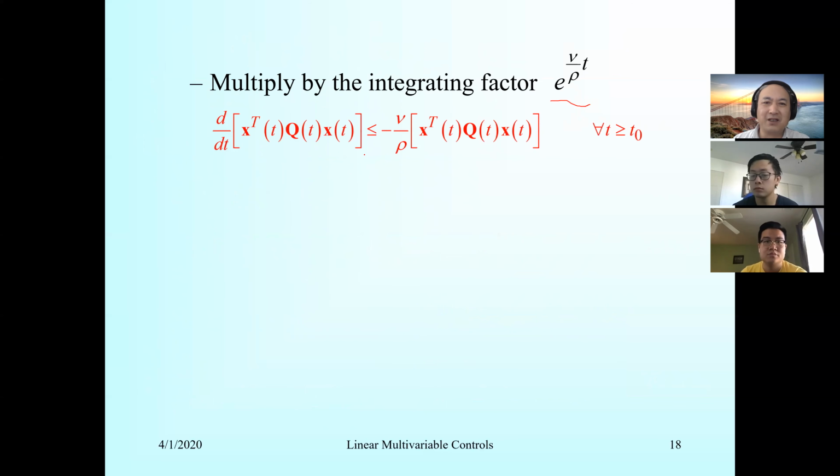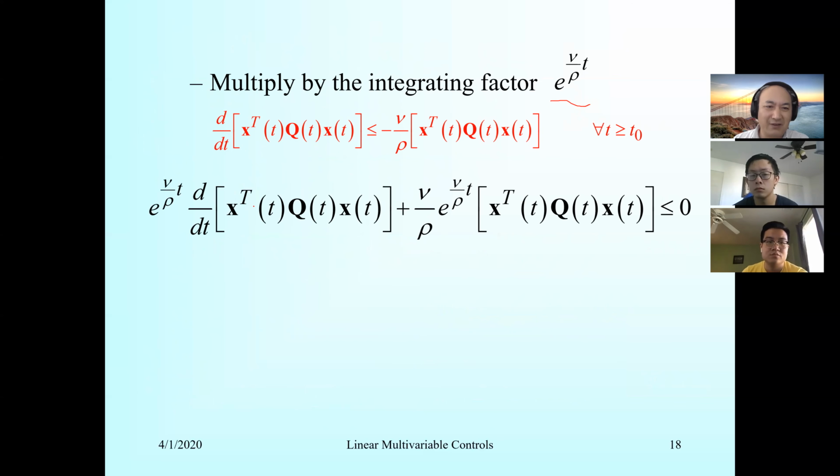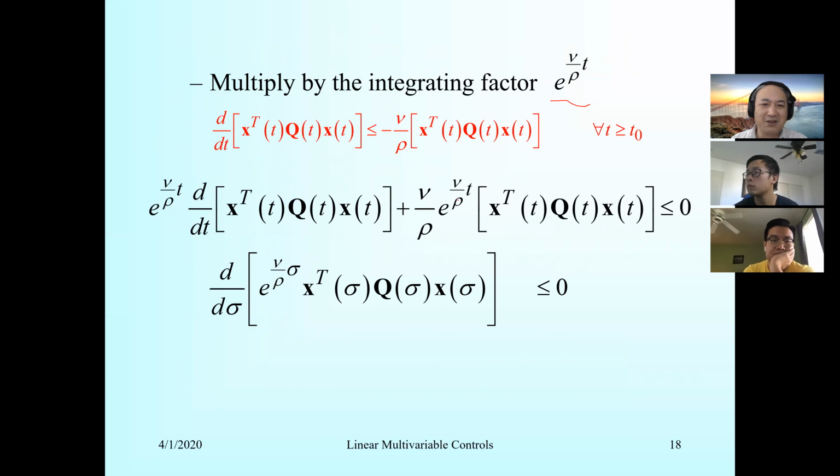So we end up with a term like this, and another term like this. We're not solving a differential equation, but we are solving something similar. Then we can write the two terms like this, less than 0. Then you need the integration of this, less than 0.